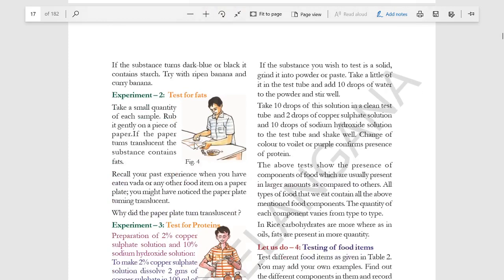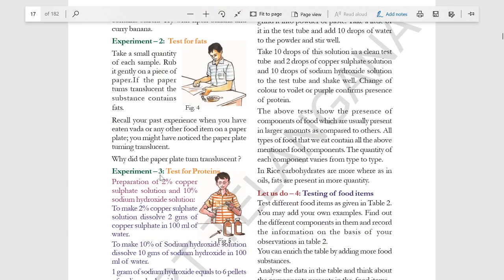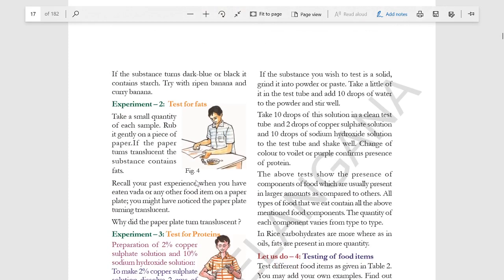Now what will you do for the test? We are testing whether proteins are present or not. If the substance you wish to test is a solid, grind it into a powder or paste. We can't test it directly, like if you are testing cereals or pulses, you just can't drop all the solutions into it.